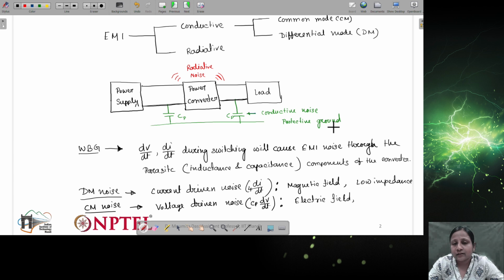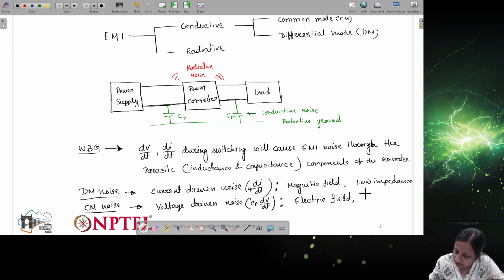There will be electric field between these two grounds, and this will cause parasitic capacitance to be present, and this electric field will cause the CM noise to be present.